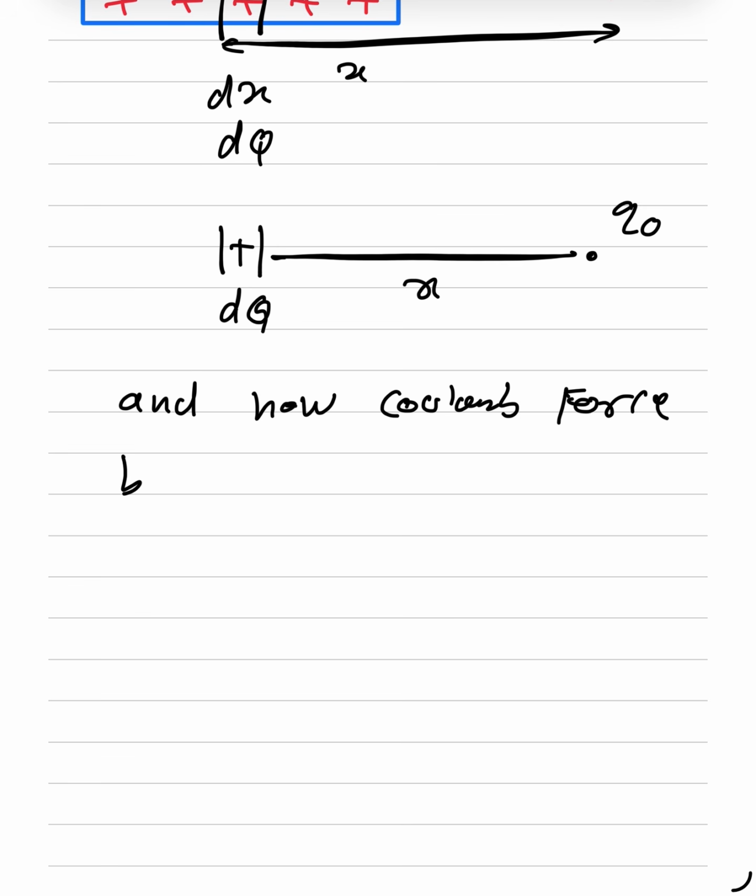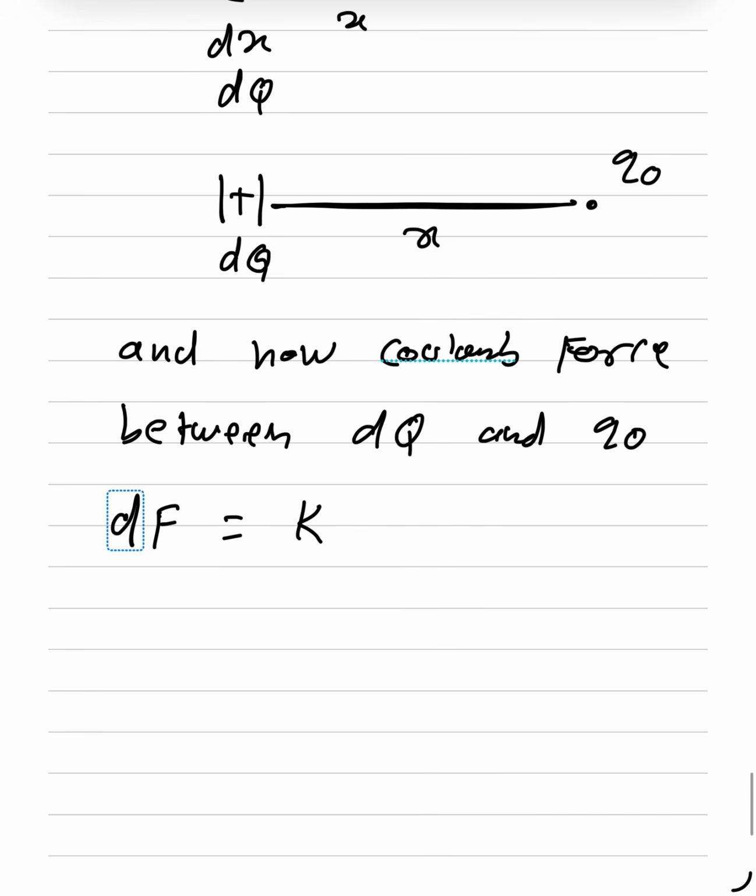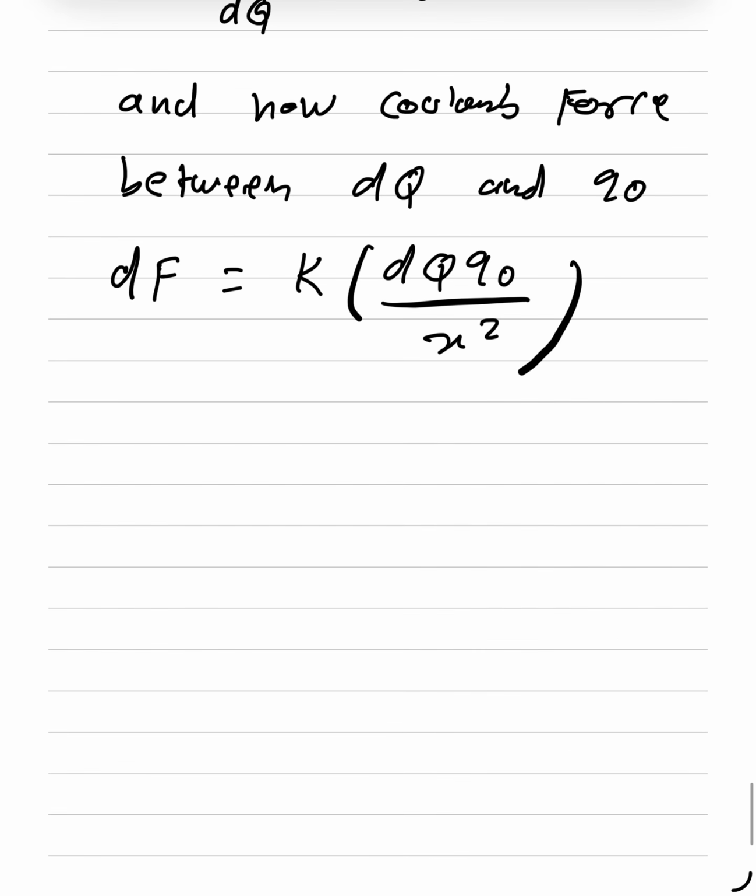Coulomb force between dq and q naught: dF equals k, meaning 1 by 4 pi epsilon naught, dq multiplied by q naught divided by x square. The value of dq: lambda is the linear charge density, lambda equals dq divided by dl, right?